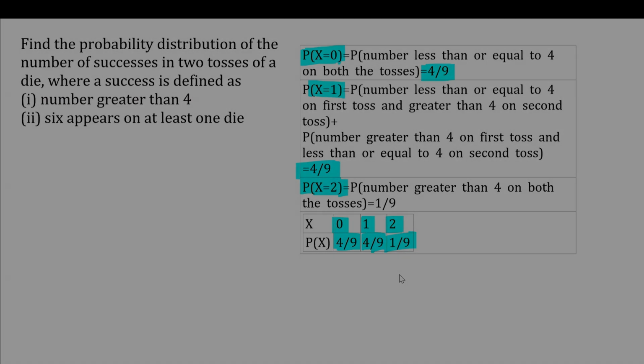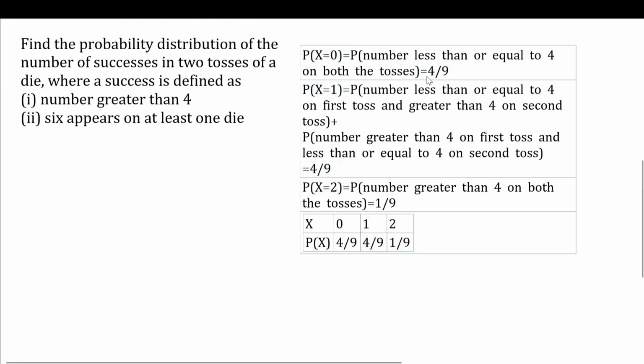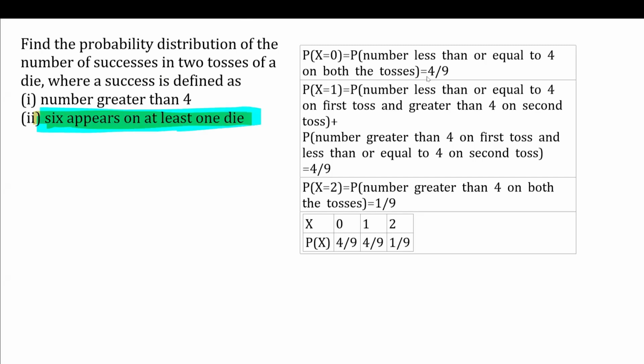Now let's see the second part. In the second part, it says a 6 appears. We have to again make the probability distribution table like the previous one. The difference is that this time we have 6 appearing on at least one die. So here success means 6 appears on at least one die.